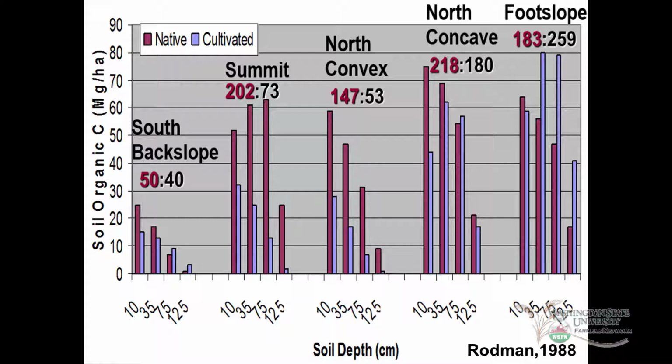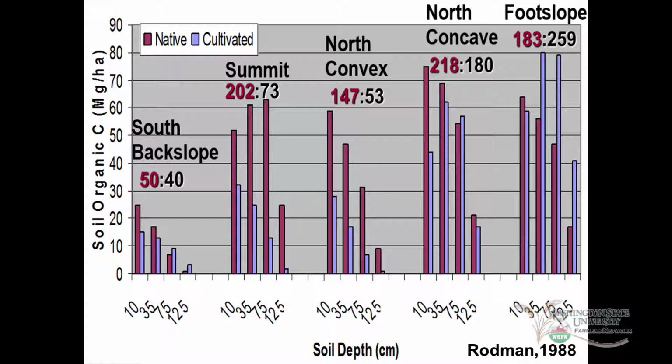But as you move to this concave position, this is where we can have more deposition of soil in the landscape. We're finding that, oh my gosh, here in the subsoil anyway, we're getting more carbon measured in the subsoil itself, and in some cases starting to match or be a little bit more than the native conditions.